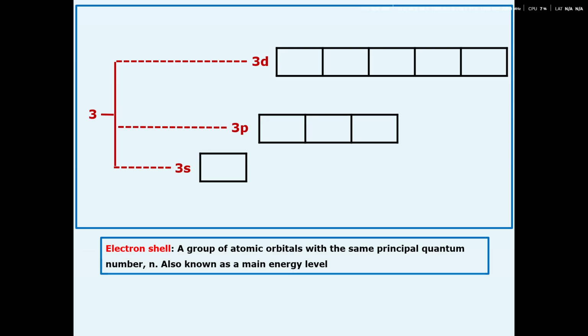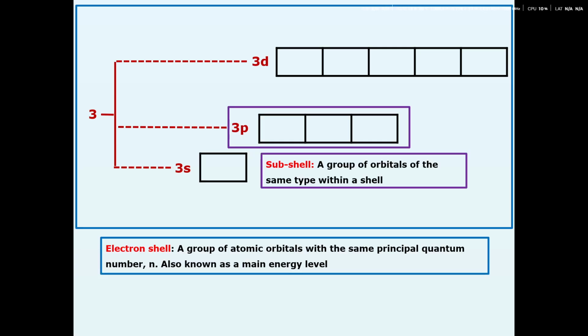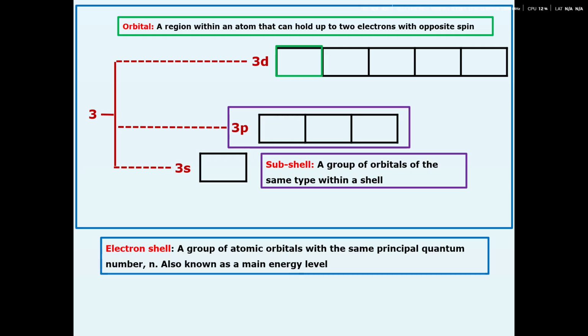In an electron shell, there is a group of atomic orbitals with the same energy. Within the shell there is a subshell, which is a group of orbitals of the same type within a shell. And then we have an orbital, which is a region within an atom that can hold up to 2 electrons with opposite spin.